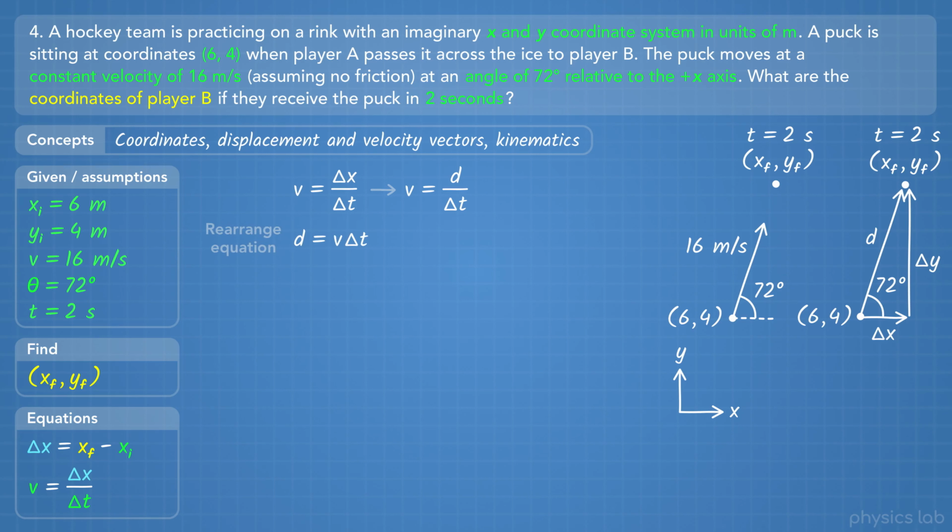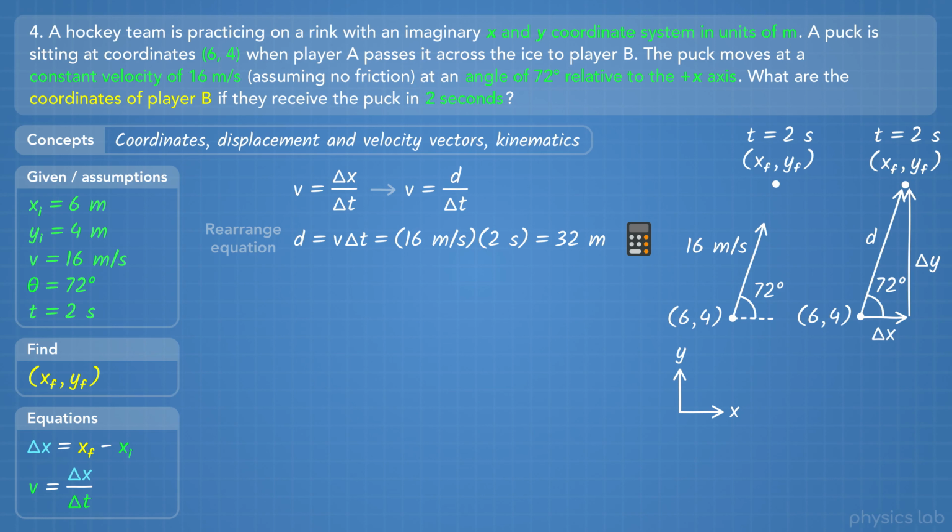We can rearrange that to isolate d on the left, and then plug in 16 meters per second for v and 2 seconds for delta t. That gives us 32 meters for the displacement. That's pretty simple math. The puck moves 16 meters per second for 2 seconds, so it travels 32 meters in that direction.